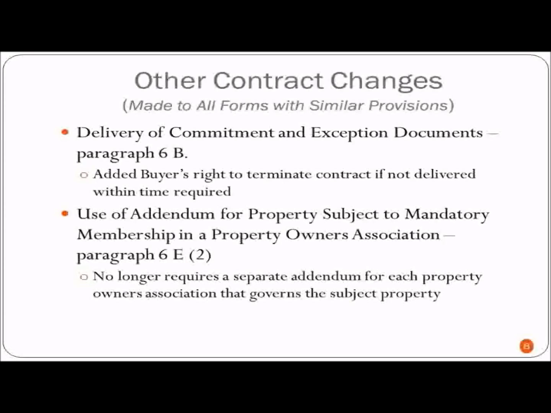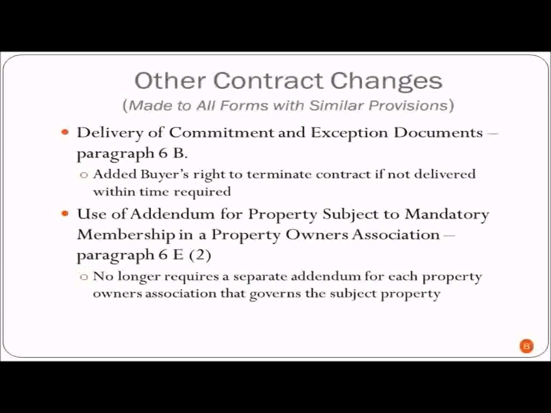But also last version, however, we felt that if a buyer wanted information separate and apart on each association, basically the subdivision information that is covered by the addendum, that a separate addendum should be used for each association.